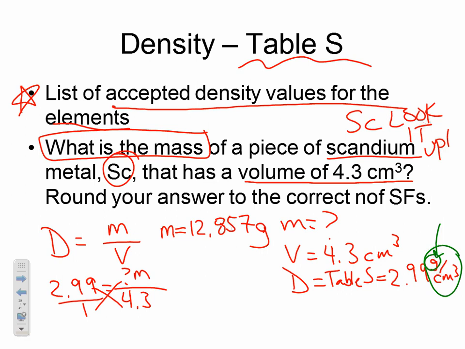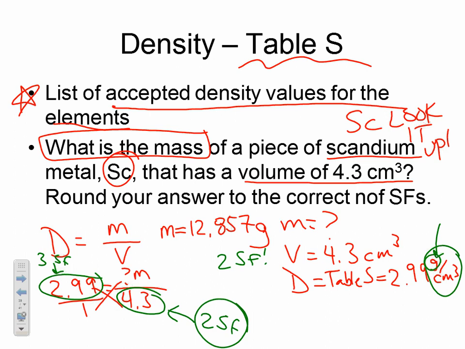But then I want to round to sig figs. So I want to think about sig figs. The numbers that I have in my problem, I've got this number here, which has 2 sig figs, and then I have this number here, which has 3 sig figs. So how many sig figs should our answer have? You always go with the smaller number. So I need to round this to 2 sig figs, right? So what 2 sig figs are we going to keep?